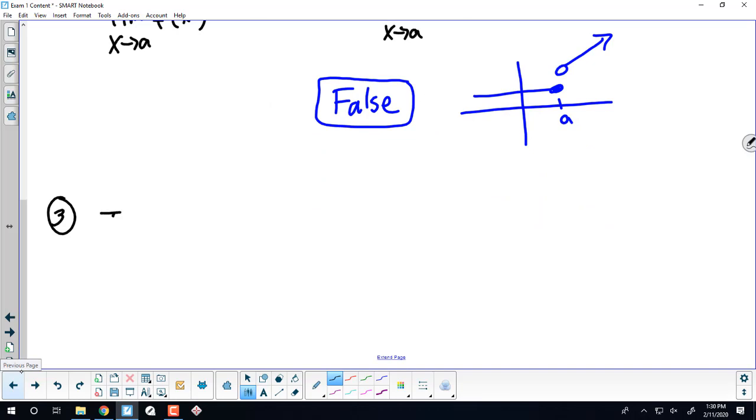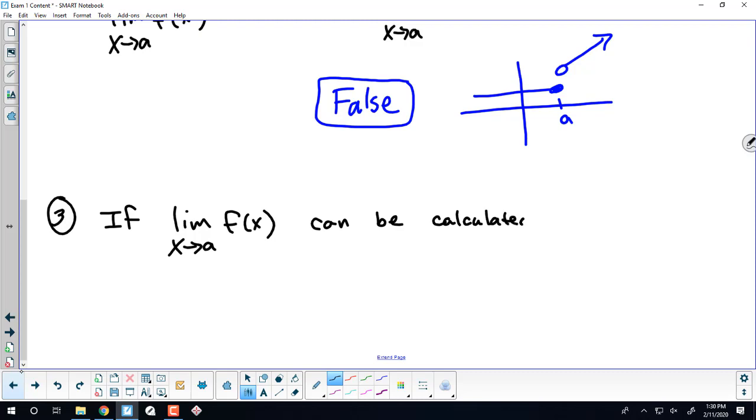So let's say if the limit as x approaches a of f of x can be calculated by direct substitution, then the function is continuous at x equals a.